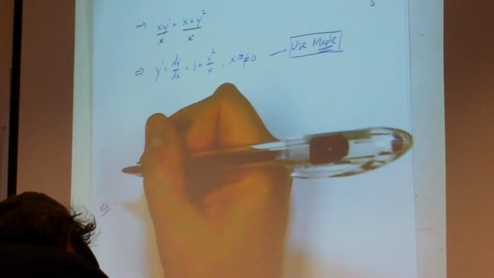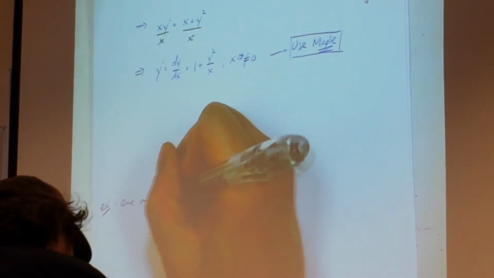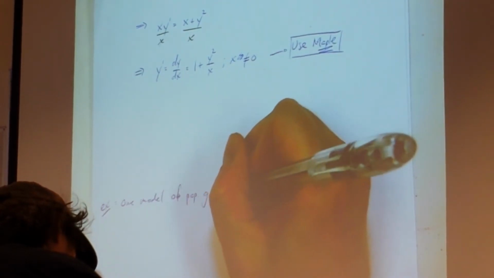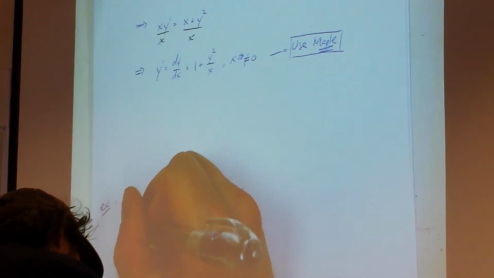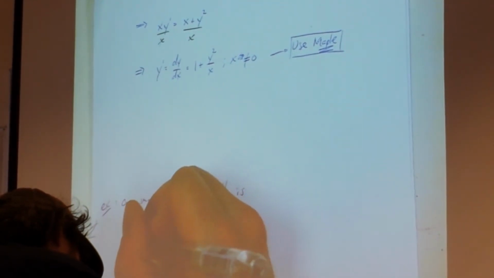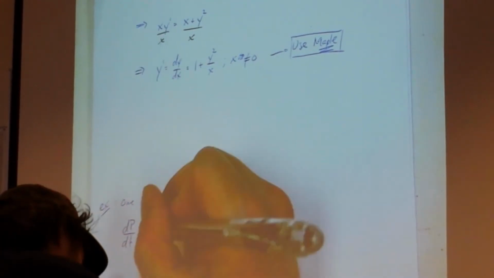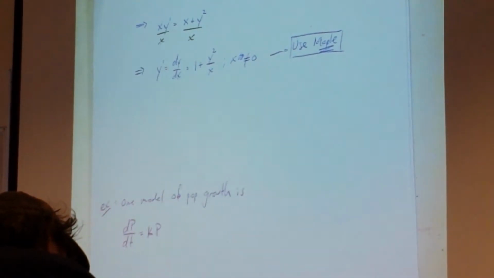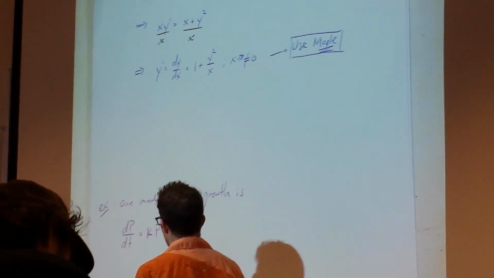All right, so an example, an application, one model of population growth is the following. If P is the population at time t, then the rate of change of population over time. Okay. This one right here is called the law of natural growth. If you read about it in the book, it's a very simple one.